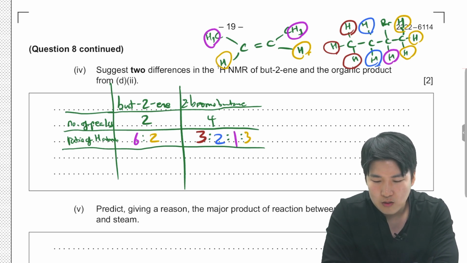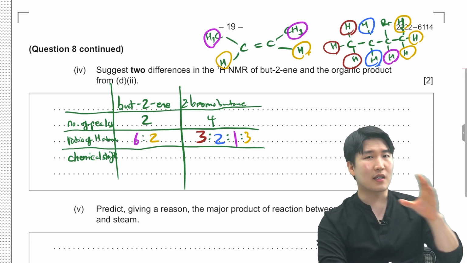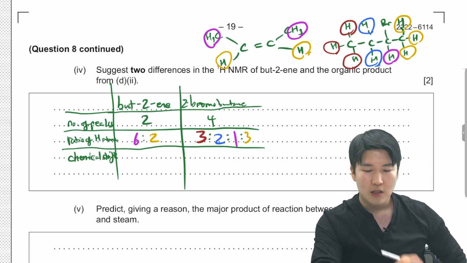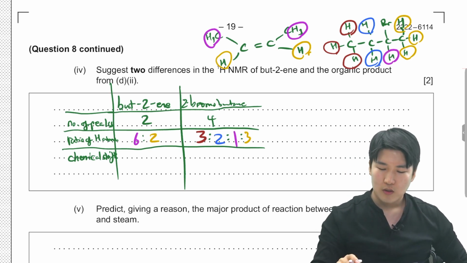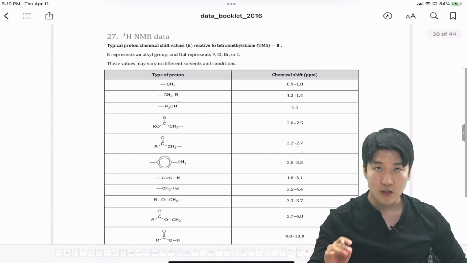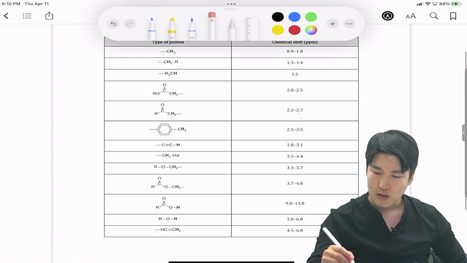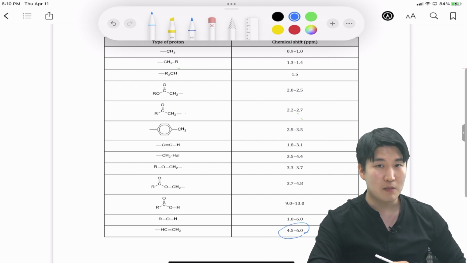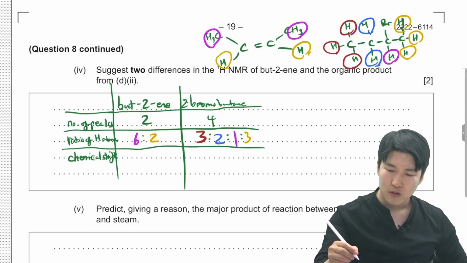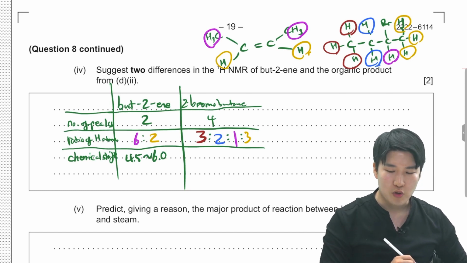We could talk about chemical shifts. What is the characteristic hydrogen environment of butene? Well, I do see a double bond. Therefore, the double bond is going to be our characteristic hydrogen environment, and that is illustrated by a 4.5 to 6.0 ppm chemical shift.